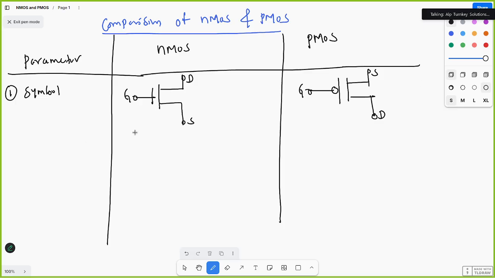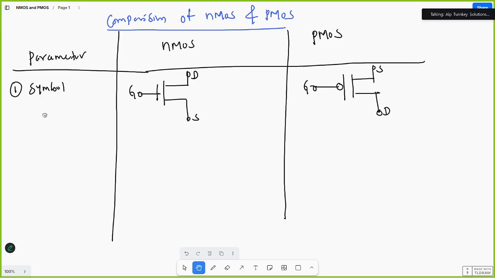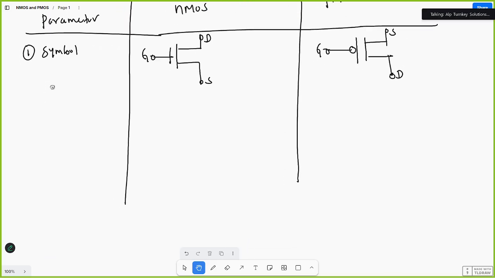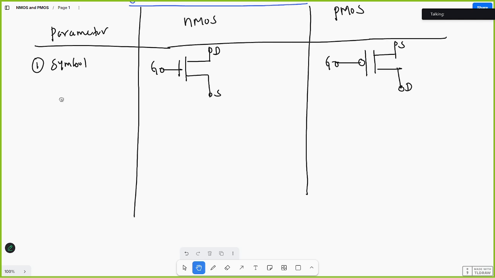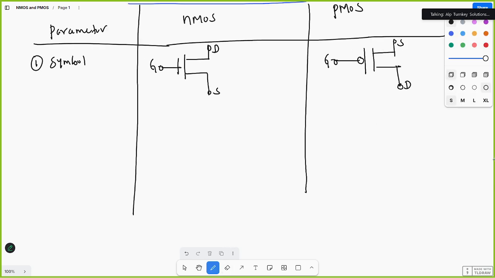Coming to the structure. What is the structure in NMOS and PMOS? If you see the structure, source and drain in NMOS are which type?